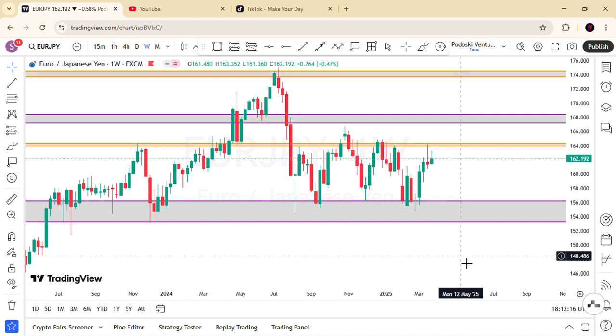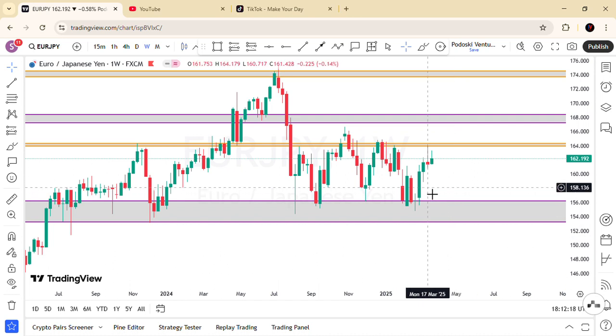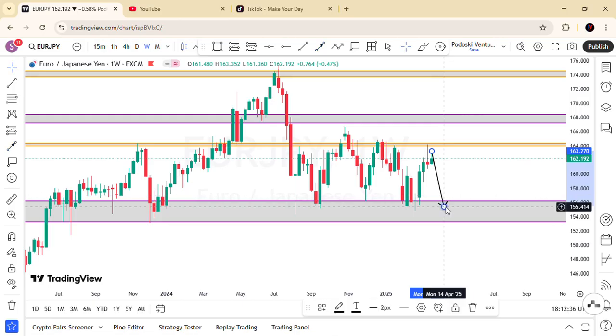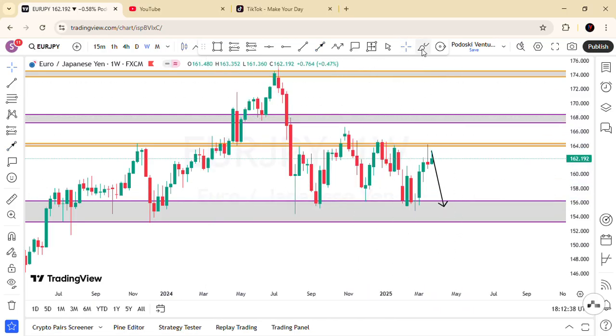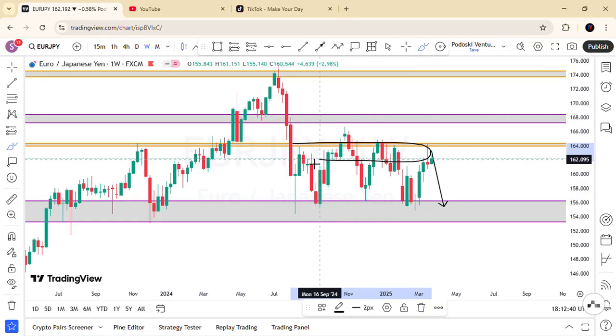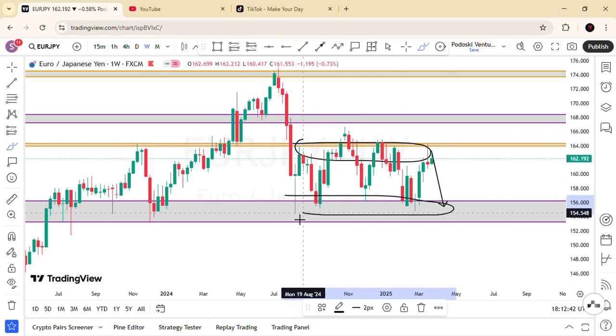Here on the weekly time frame, you could see price has tapped into the weekly resistance. Since price has tapped into the weekly resistance, should we expect price to sell? Yes, we should expect price to sell on the weekly time frame, from here all the way here, because that's what price has been doing for a while over here and here.